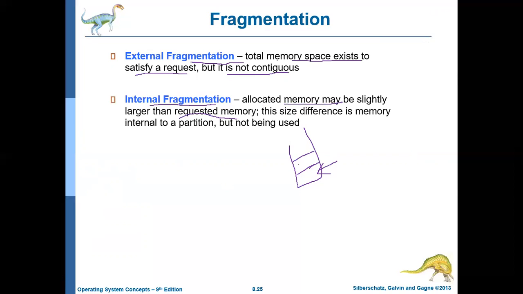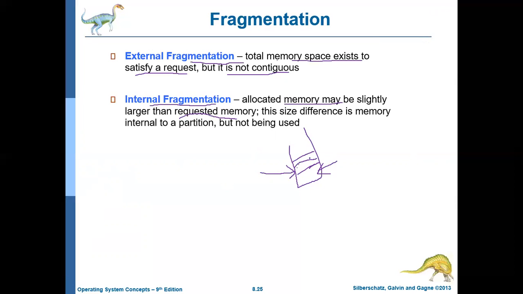Allocated memory may be slightly larger than the requested memory. Most of the time allocated memory will be slightly larger than the requested memory, because even if the process requests 1 MB memory, you have to allocate one slot. You cannot allocate anything less than one slot. Whatever the process occupies, the remaining will be wasted.